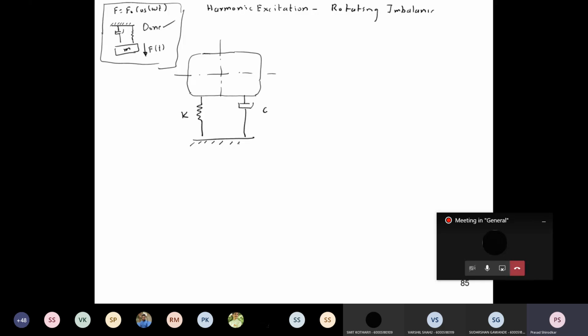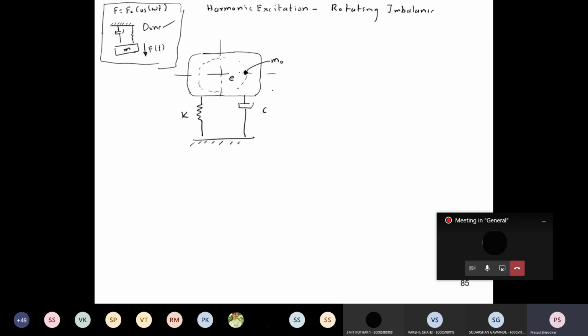This is K, this is C. Now on this mass there is an eccentric mass m0 having eccentricity E, and it is rotating in this radius of eccentricity, that is E.